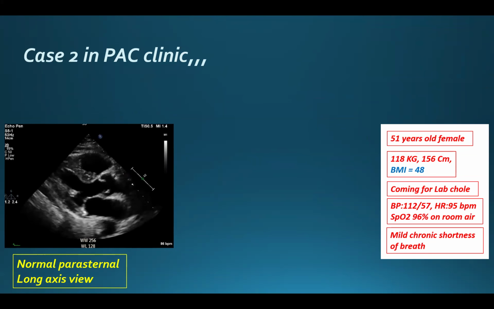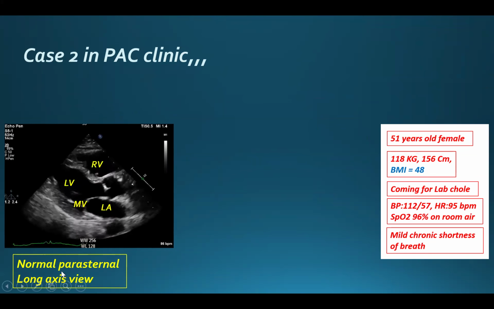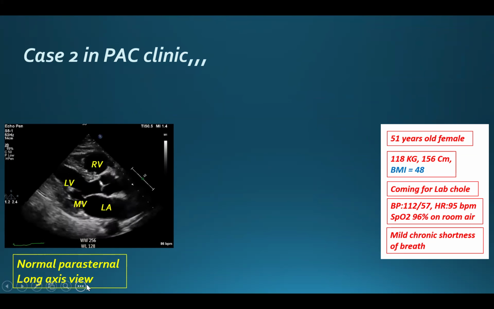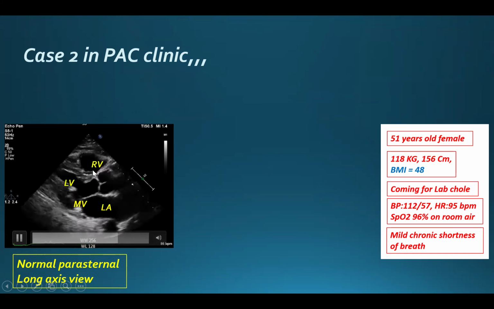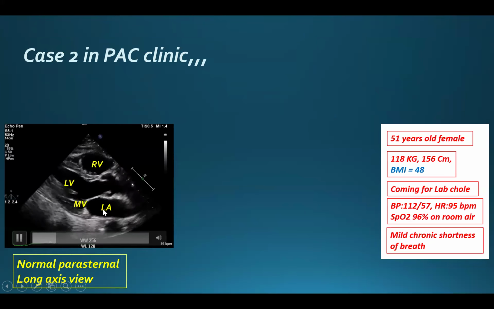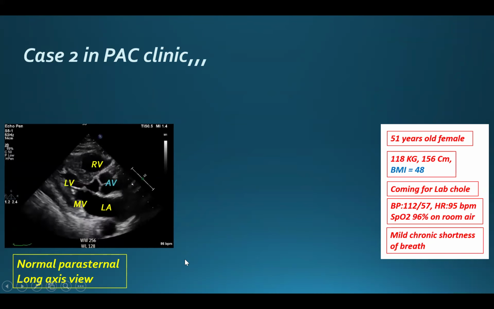For your knowledge, this is the normal parasternal long axis view, in which you see the right ventricle, the left ventricle, mitral valve, left atrium, and in the center, the aortic valve in a normal patient.